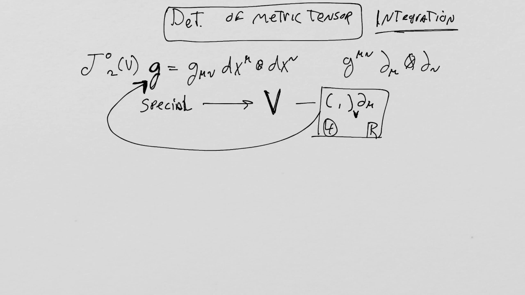Now you can argue the other way. You can say, no, it's the other way. The space-time, especially if you consider this a tensor field, right? So it's really a function of x. But the space-time has a metric tensor, and that drives an inner product into every space V. Either way, the point is the metric is special because it really communicates either from the underlying vector space to the whole space-time, or from the underlying vector spaces, because remember there's one of these vector spaces at every point in space-time, right?